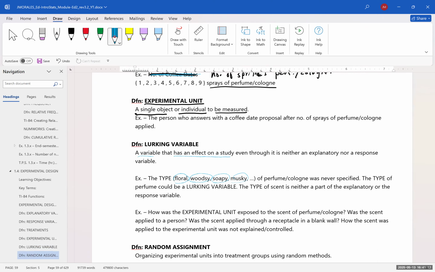You just went to a perfume store, grabbed the first one off the shelf, and used that in your experiment. Well, if you didn't think about how that actually smells, that could actually affect the outcome of your experiment, right? That could affect the response variable. It could affect the number of coffee dates, because people may prefer more of a floral scent or a woodsy scent or a soapy scent. So you have to take those kinds of things into consideration.